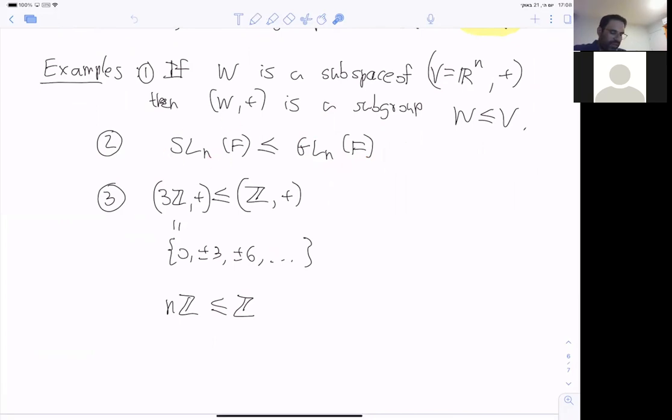Here the operation is multiplication of matrices. Here the operation is just plus. Any multiple of Z will be a subgroup, for example, this one. So these are subgroups.